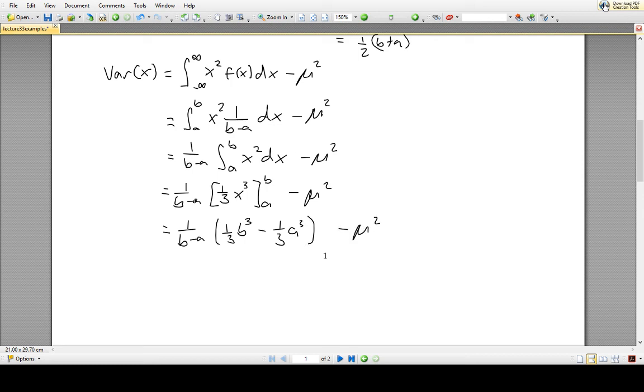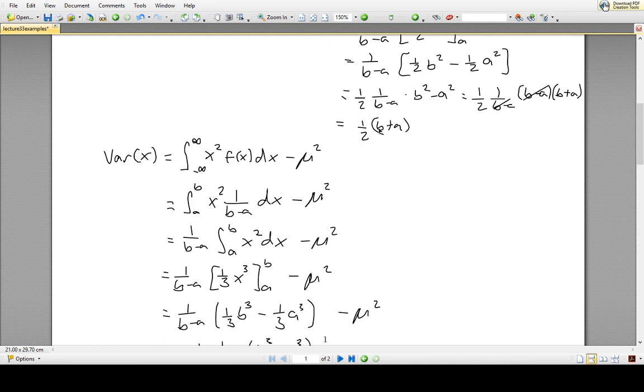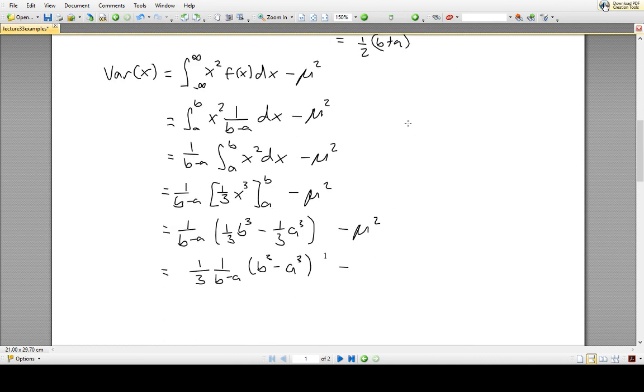We can bring the 1/3 out front, so this becomes 1/3 times 1 over b minus a times b cubed minus a cubed. That's the first part, minus the mean value we calculated up above, 1/2 times b plus a, so this becomes minus 1/2 b plus a, squared. I'm sure you could simplify this a little bit, but I'm going to leave it like this so you can see how this form comes about.